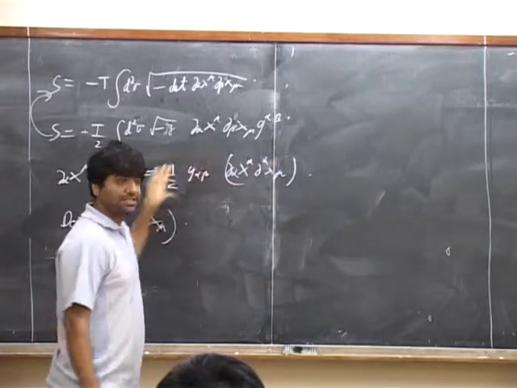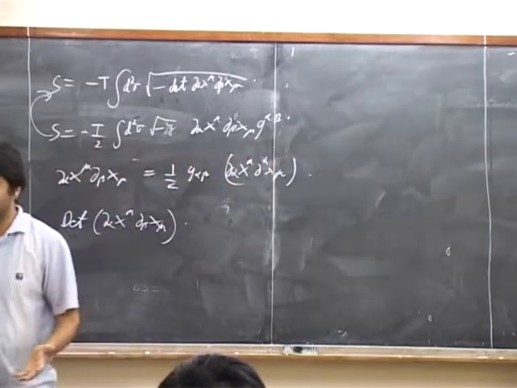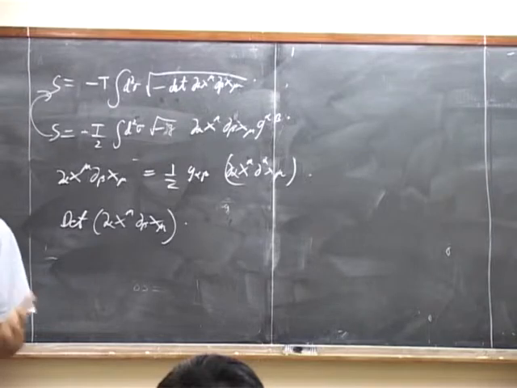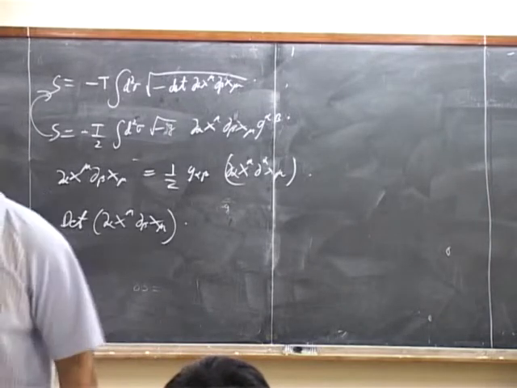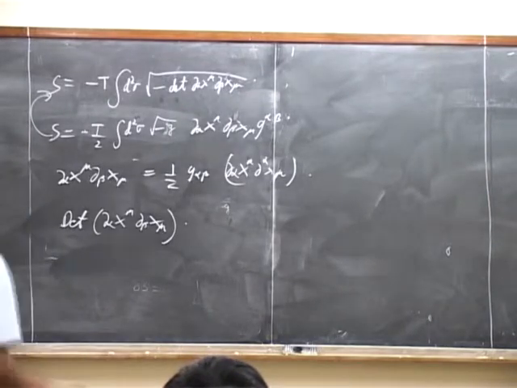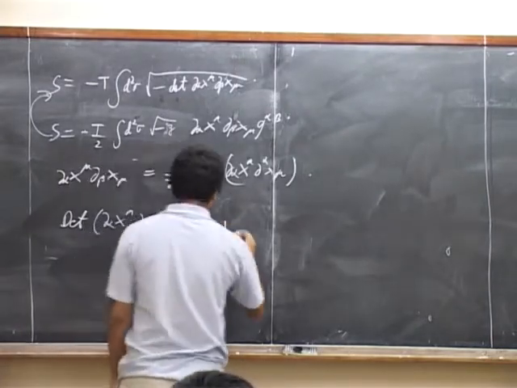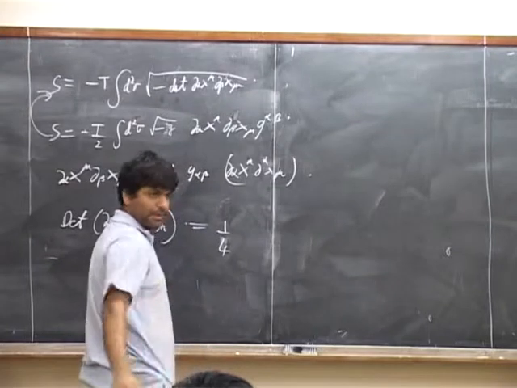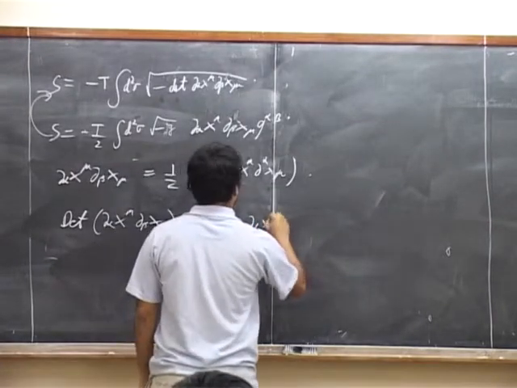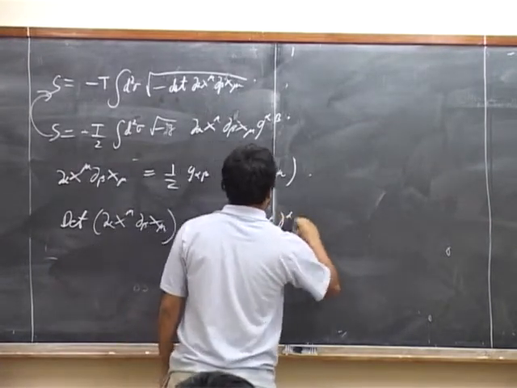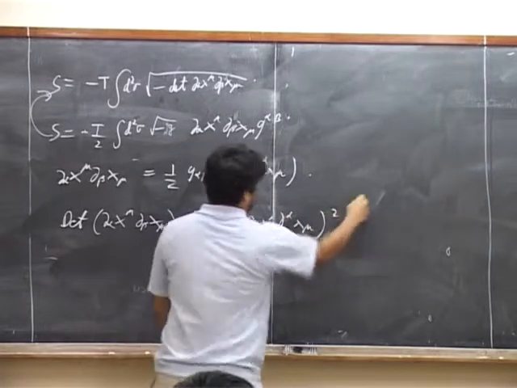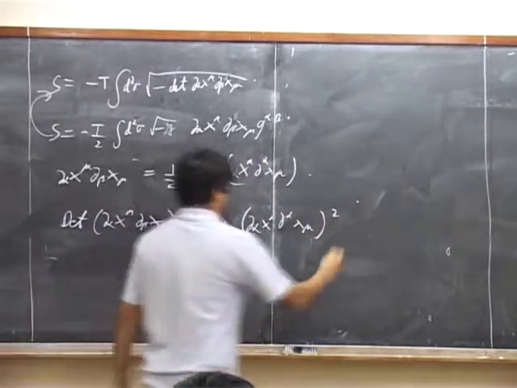As far as the matrix structure is concerned, the right side is a constant. It's a 2 by 2 matrix, so the determinant is multiplied by the constant squared. So we get half squared, that's 1/4, times (∂_α x^μ ∂^α x_μ) squared times det G.